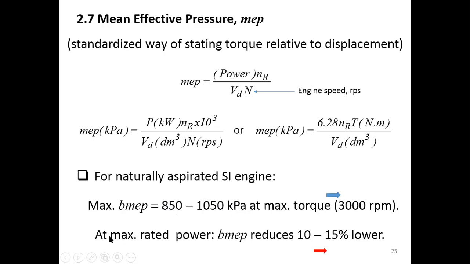If you design at the maximum rated speed, rated power, the brake mean effective pressure will reduce by 10 to 15% from the above, because this is the value when you design at maximum torque, and this is the value when you design at maximum rated power.